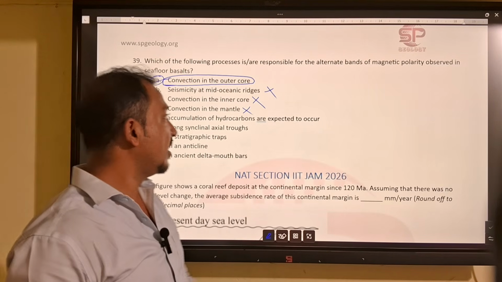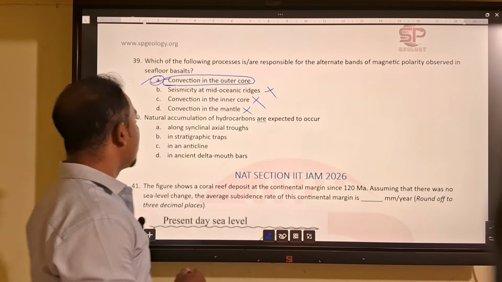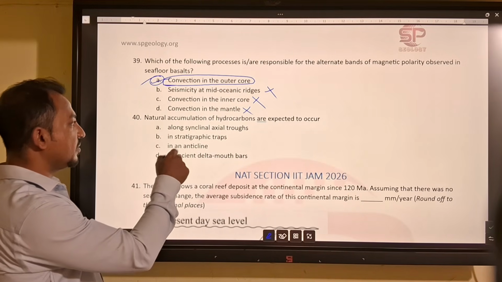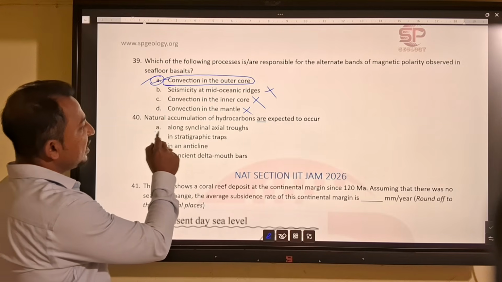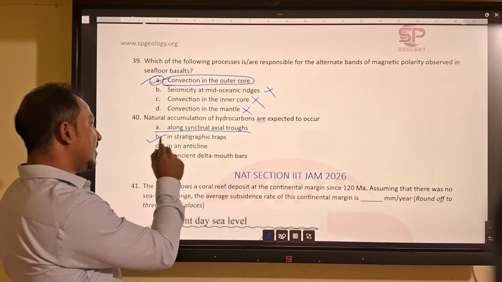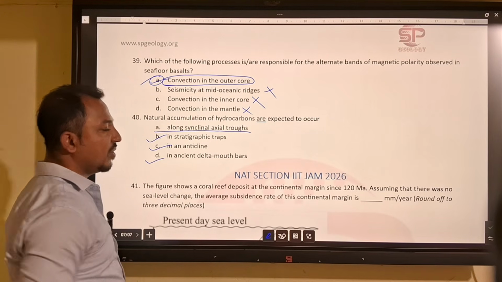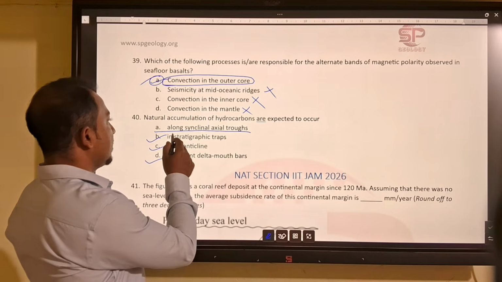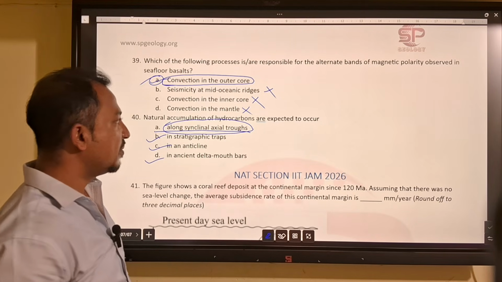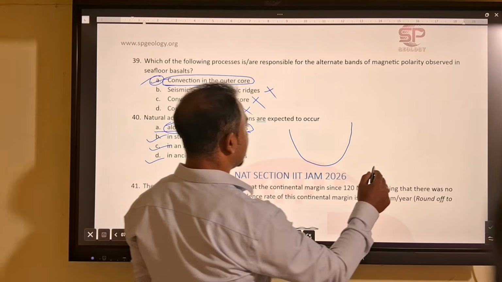Then comes natural accumulation of hydrocarbons, where are they expected to occur? These are called hydrocarbon traps. In a syncline you will not get any traps, but there is a stratigraphic trap, an anticline trap, and a delta mouth bar trap. First, why does a syncline not have any trap? Because this is a syncline and this is an anticline.